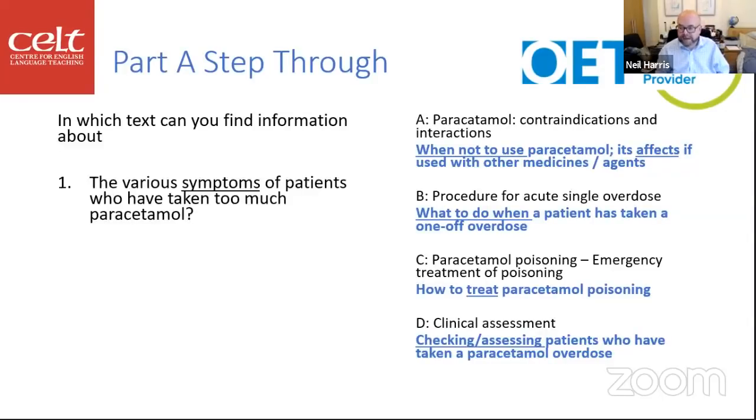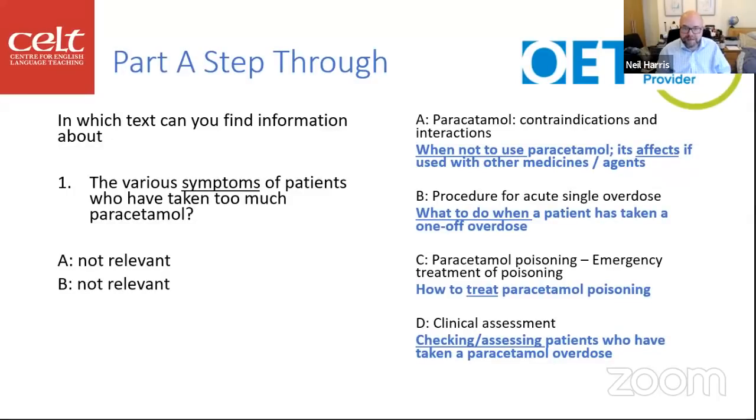Now, on the right-hand side of the screen, you'll see in black the original subheadings, and in blue, the way we've reworded it. And you think, well, which of those four fits best with various symptoms? And I would suggest the following. A is nothing to do with contraindications and interactions.